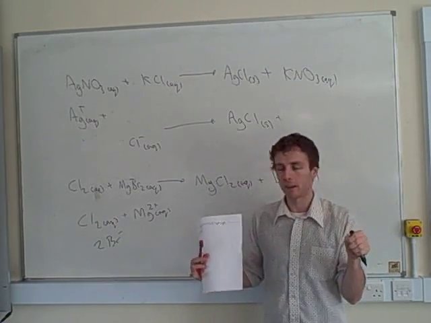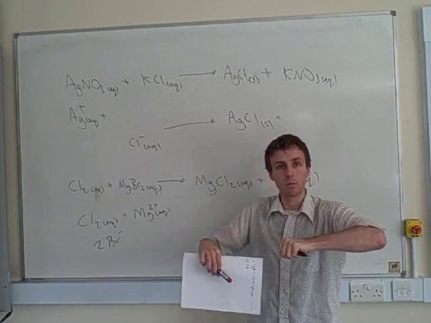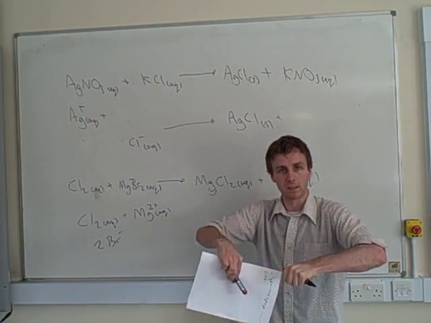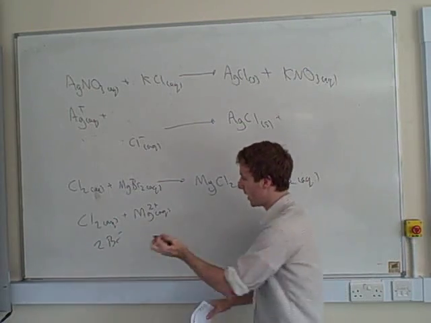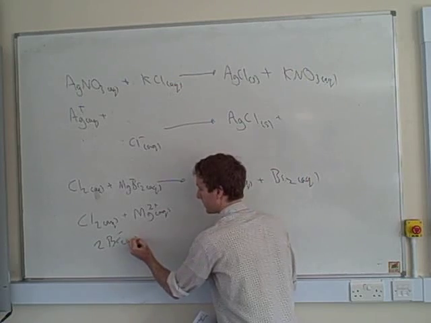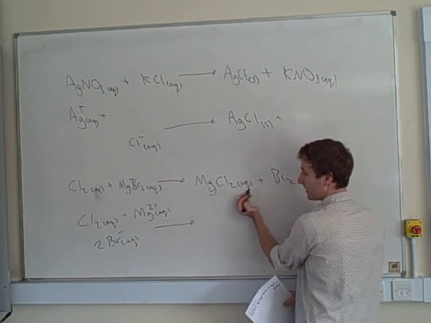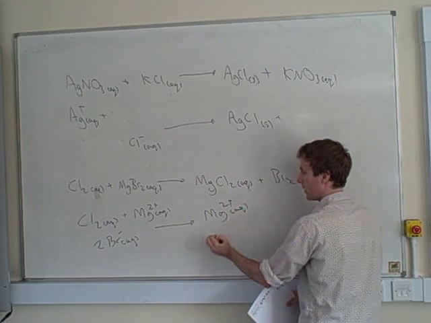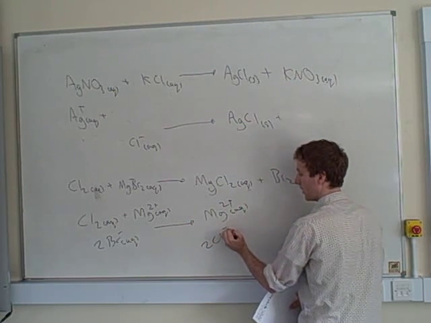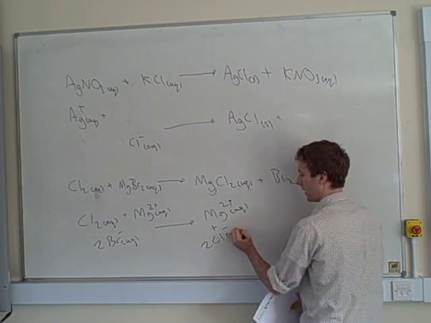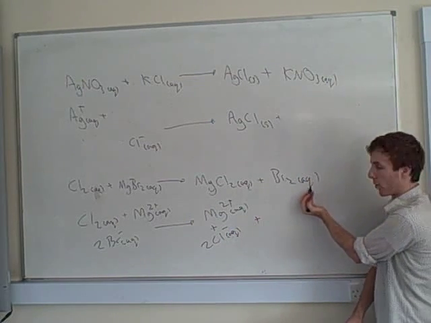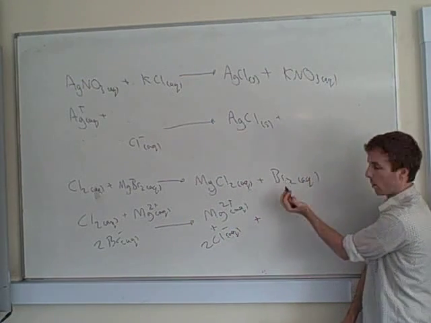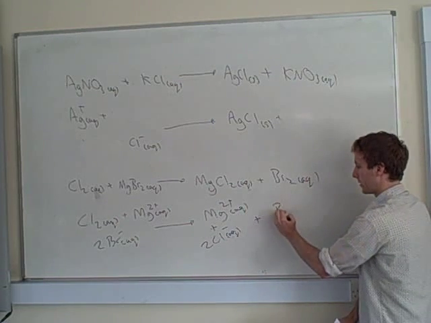They're actually separated, one either side of the magnesium. So they're released separately as separate ions. So 2 Br minus. And this, again, is aqueous ionic. I'll go to Mg2 plus aqueous, 2Cl minus aqueous. And again, this is aqueous, but this is not an ionic compound, so that'll stay as it is.